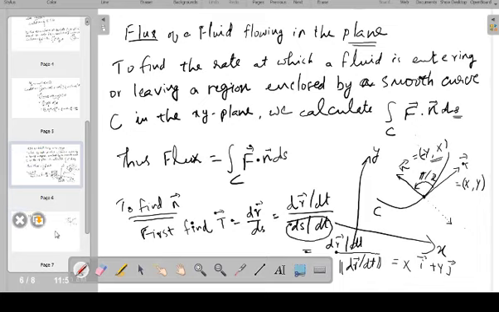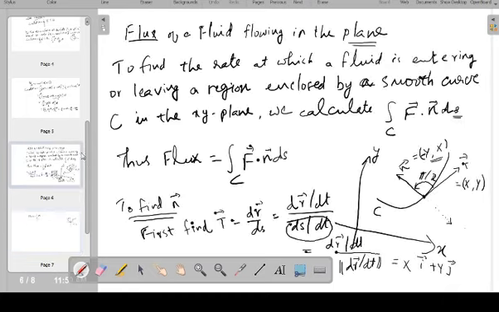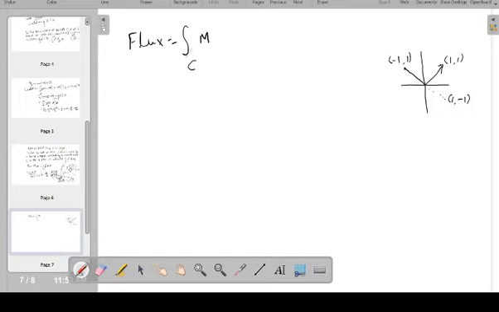I don't know, it is missing it seems. So flux is equal to integral over C of minus M dy plus N dx.